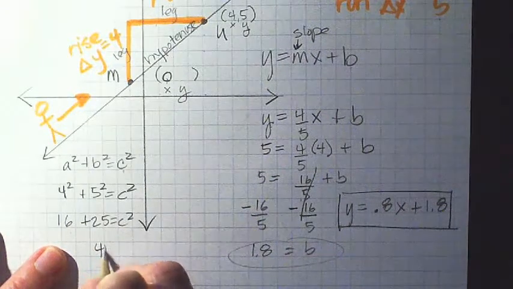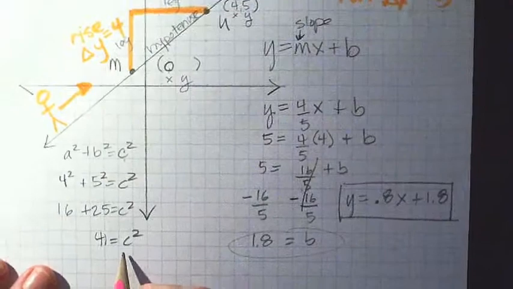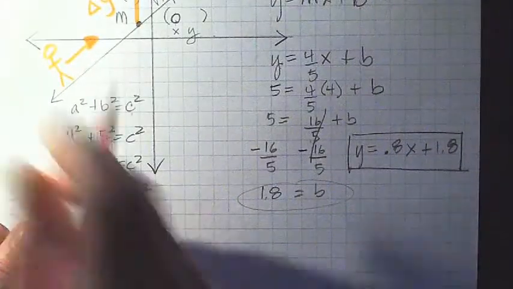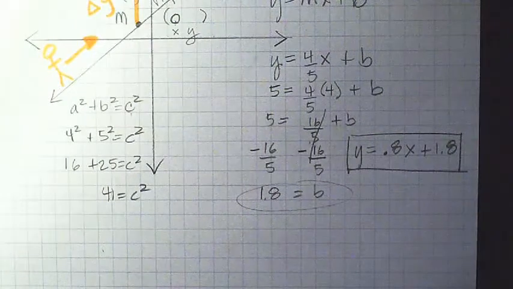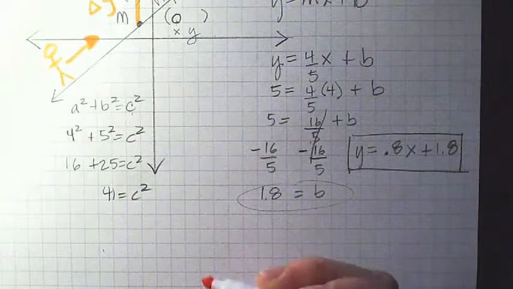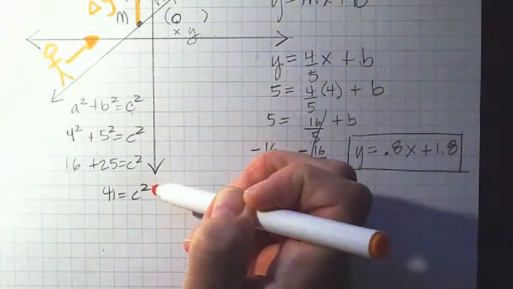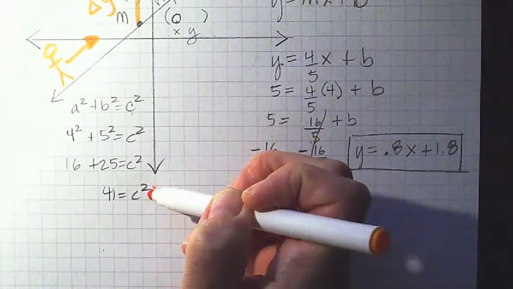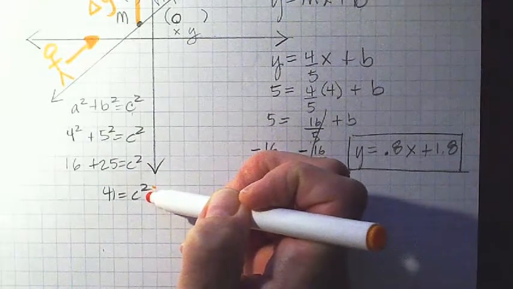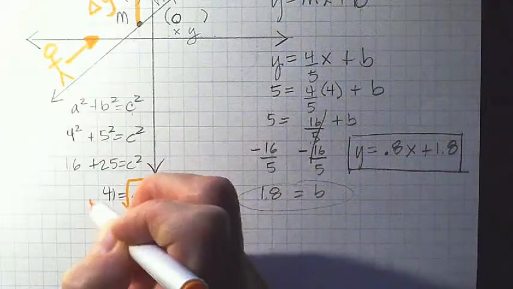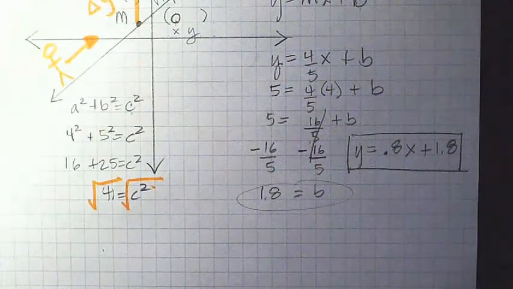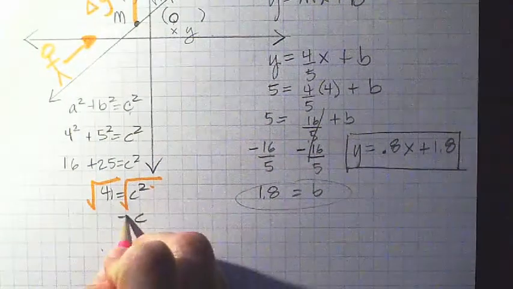which would give me 41 equals C squared. So then I'm going to undo the squaring by taking the square root. A lot of students will just copy this all together in one step. Adding those together is one step, and the next step is taking the square root. Those are separate steps. So then C is the square root of 41.